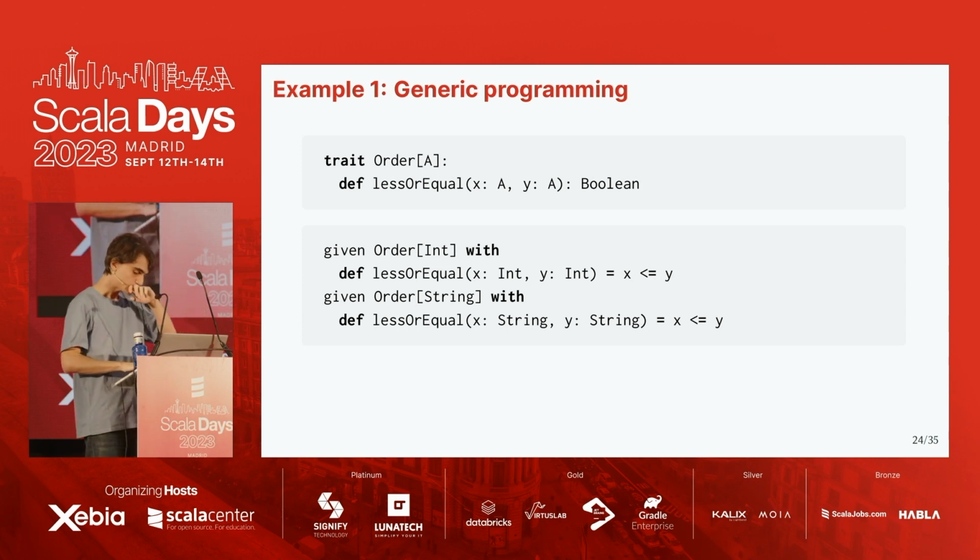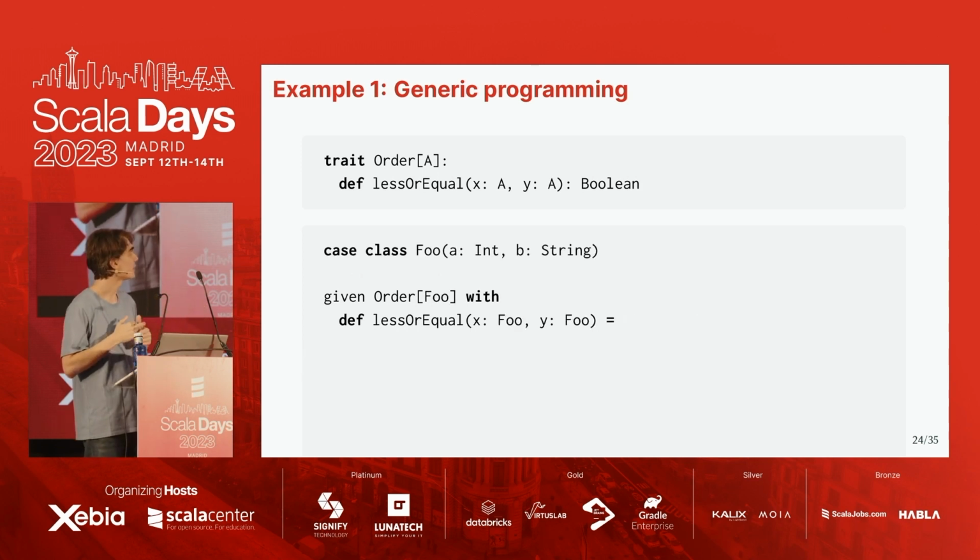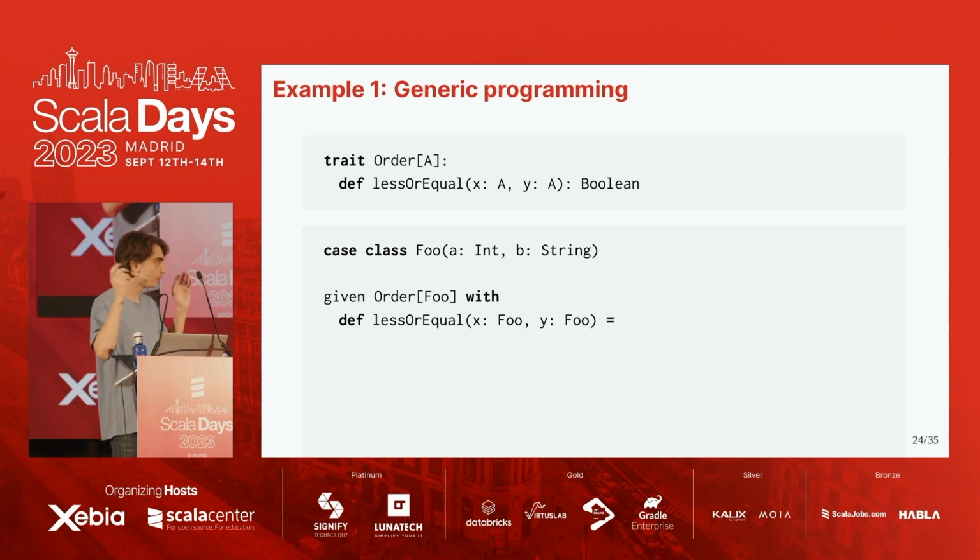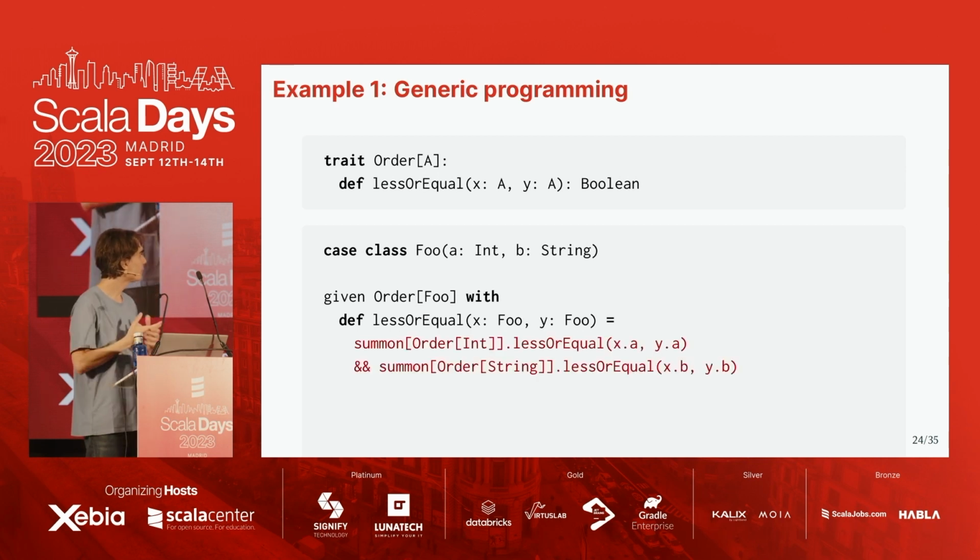Now, if I define my own case class Foo with extra fields, an Int and a String, I would like the order on Foo to be defined based on the order of its elements. Again, there are multiple ways to define order, but let's pretend we always want to do it this way because that's convenient for this example. So, you can do it by hand.